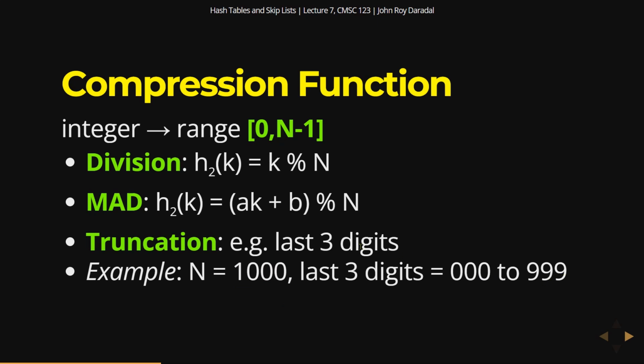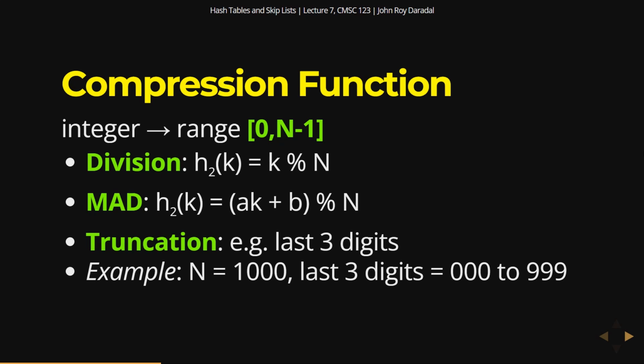So you can truncate your integer so that you can make it fall into a certain range. Okay, so there are also other compression functions out there, but these are the common ones.